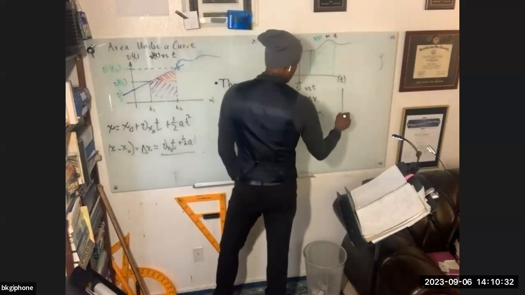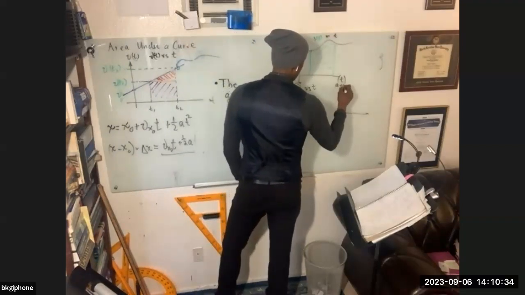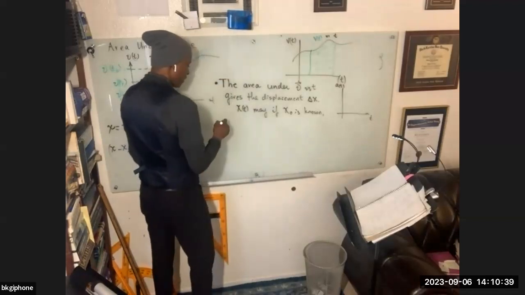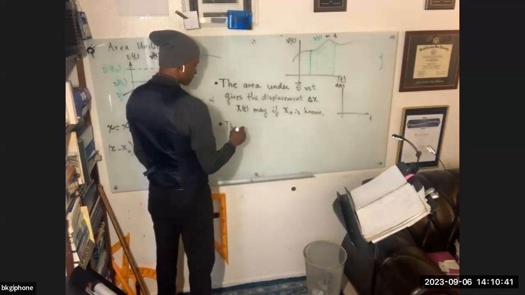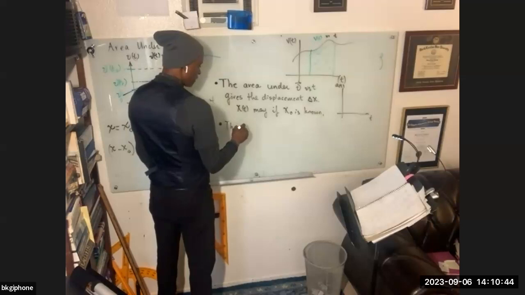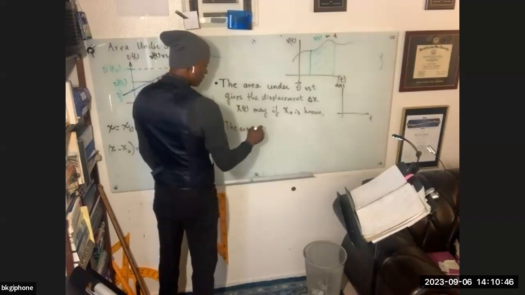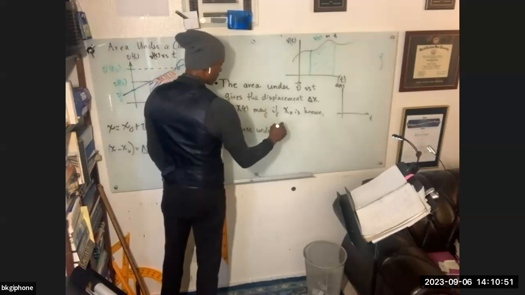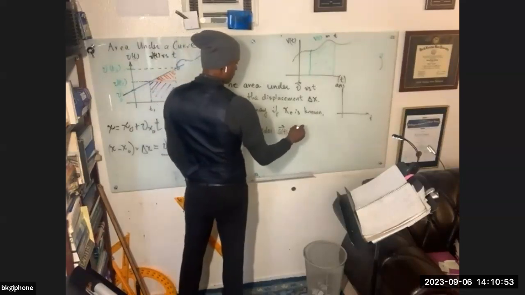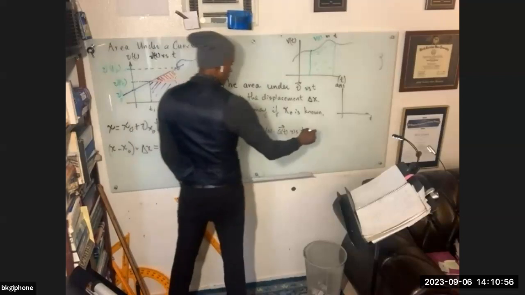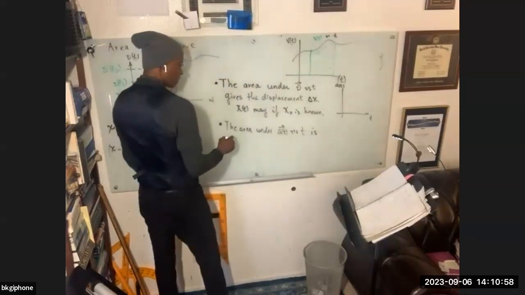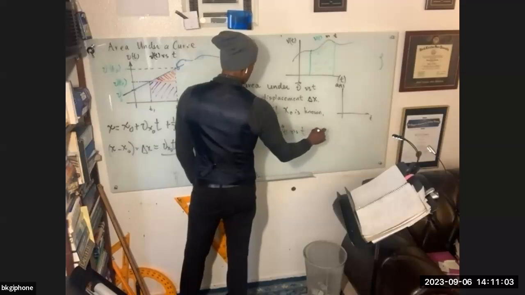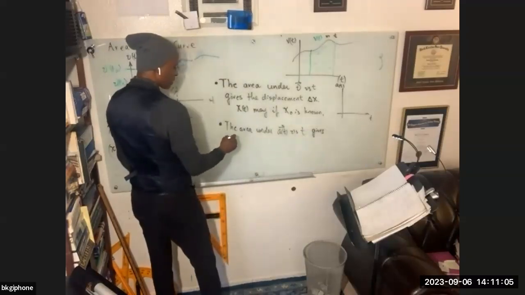If I graphed a of t versus t, whether it's constant or not, the area under a of t versus t, it doesn't really have a name, but it's just delta v.